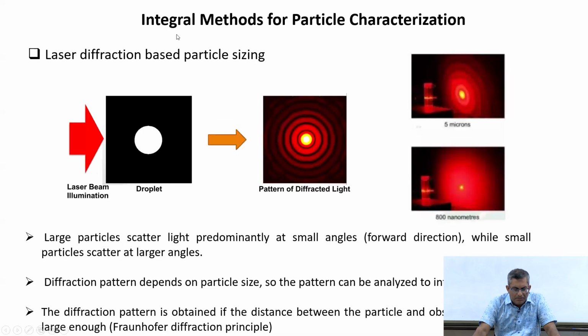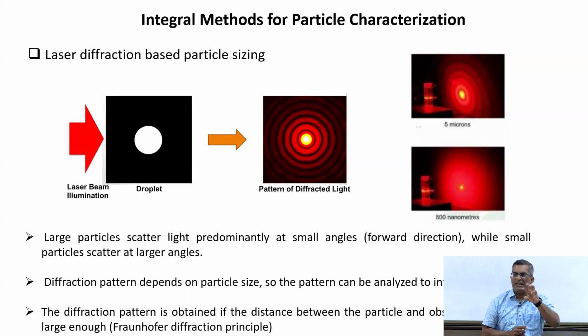And finally, now we discuss integral methods for particle characterization. Till now, we have seen online methods or in situ methods, meaning you take measurements in your flow. Here also you can do that, but whatever we have discussed refers to local measurement.